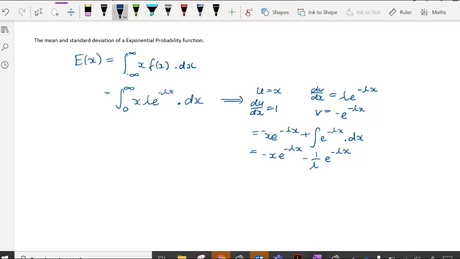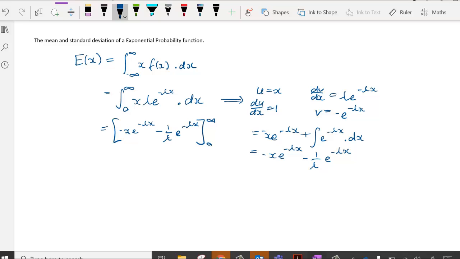And so this being our integral, we can say that it is our integral of negative x e to the negative lambda x, subtract 1 on lambda e to the negative lambda x, between infinity and 0.